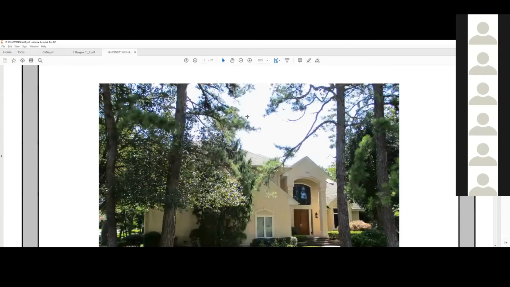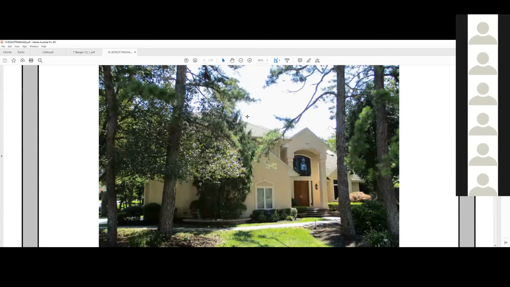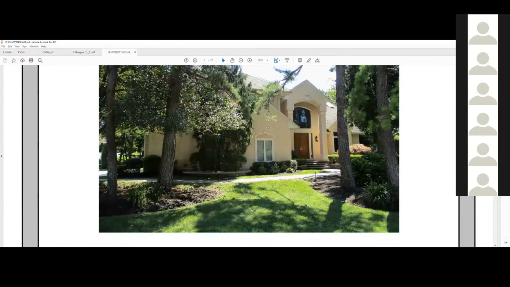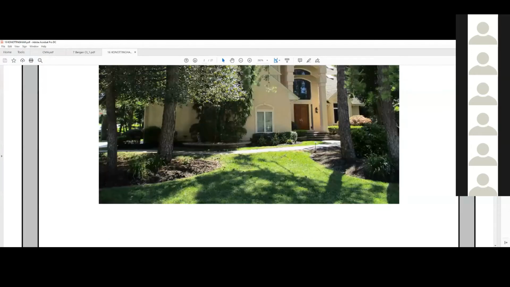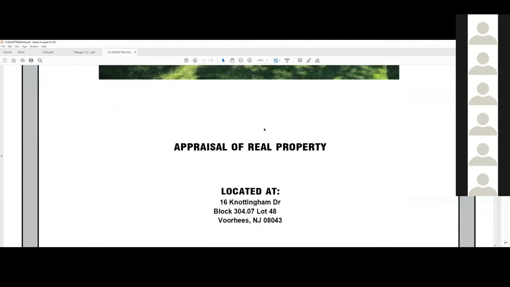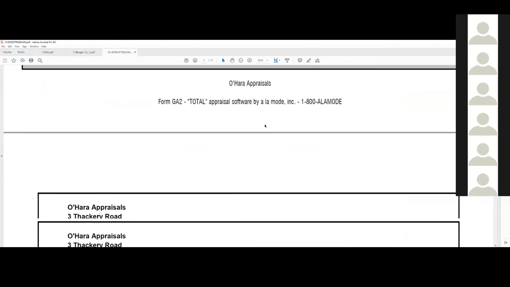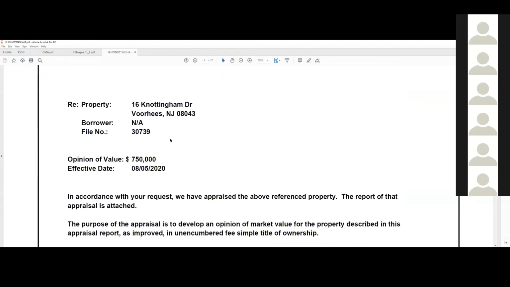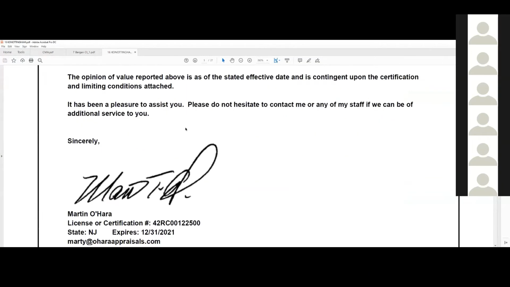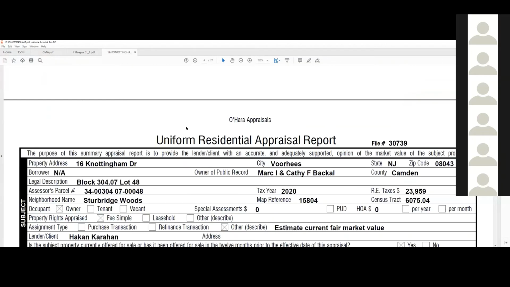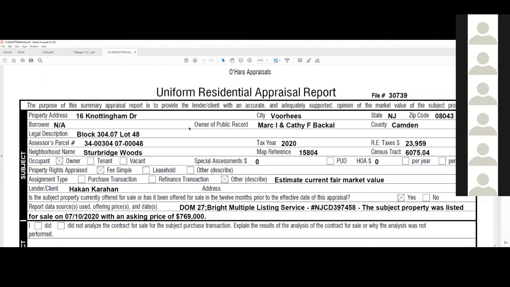I said, sure. So actually, he wanted this house so badly, he paid pretty much full price. But the house was not worth what he paid for. Hakan, did he pay cash?